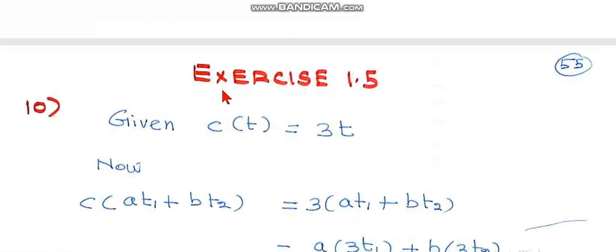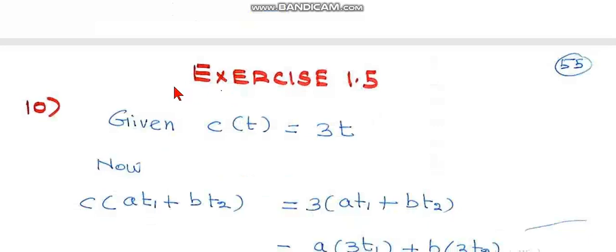Now exercise 1.5, sum number 10. C of t is called a linear circuit if C of at1 plus bt2 equal to a C of t1 plus b C of t2. We have to check whether a function given by C of t equal to 3t is linear.